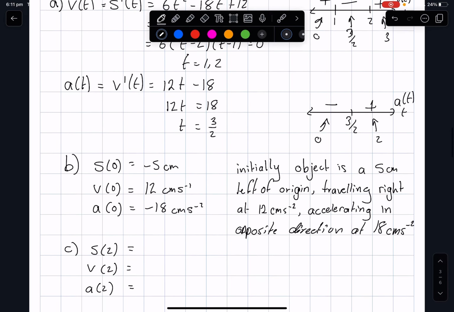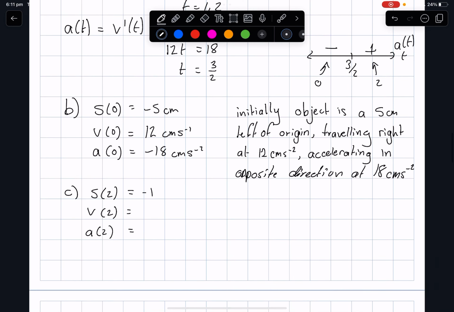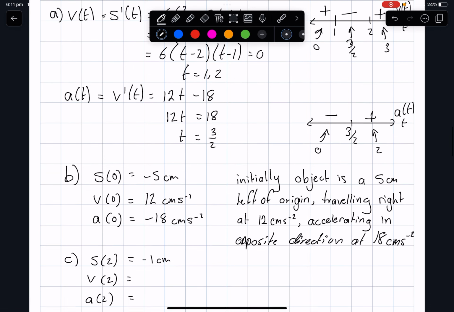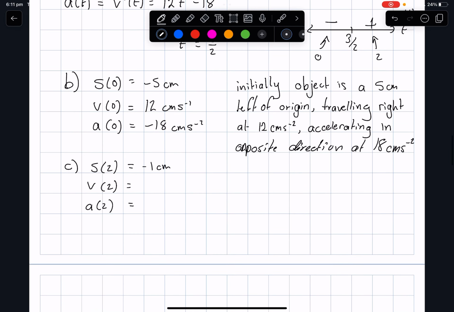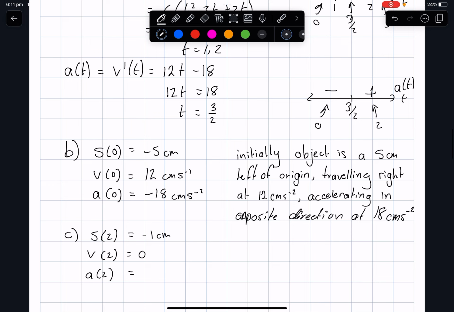That gives me -1, so -1 centimeters. V of 2 is 6 times 4 minus 18 times 2 plus 12, which is 0. And A of 2 is 24 minus 18, which is just 6, so centimeters per second and centimeters per second squared.